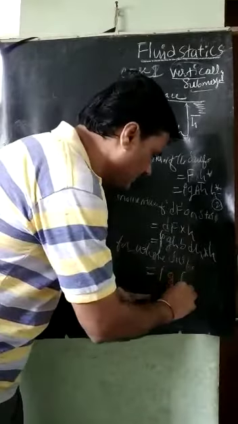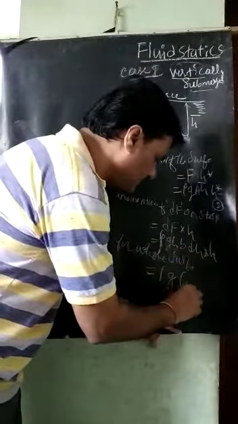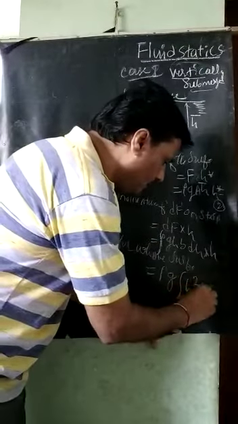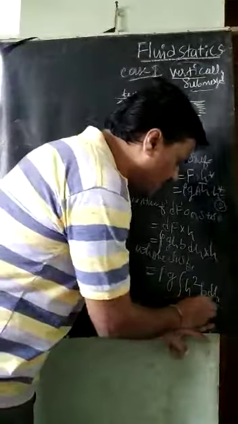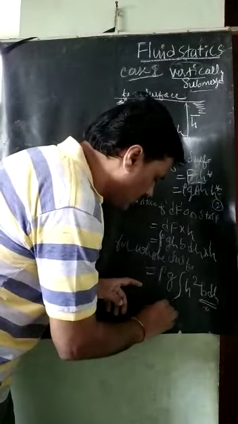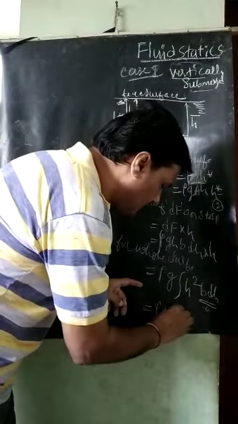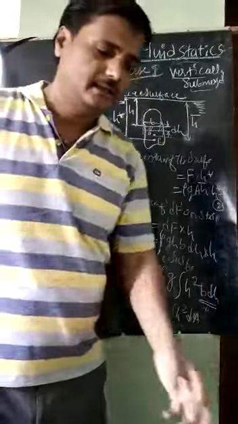In the integral symbol, what is left here now? h into h, it is h square, into b dh. So b dh is a small area, dA, we can write. Therefore it is rho g integration of h square into dA.